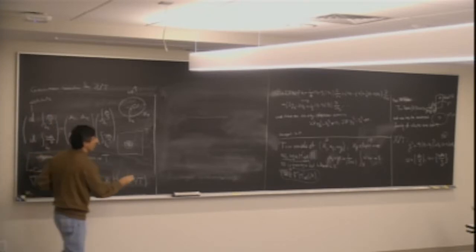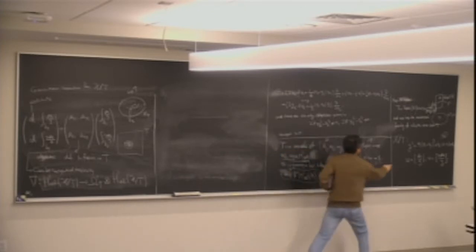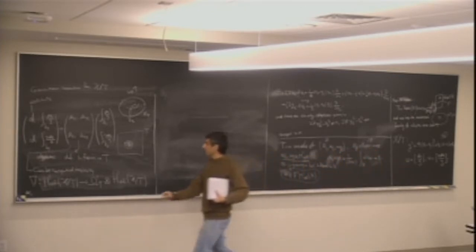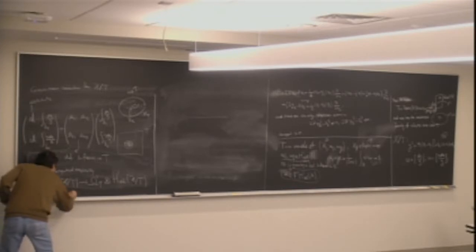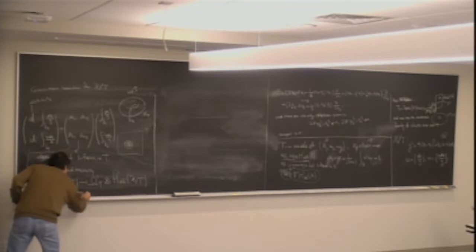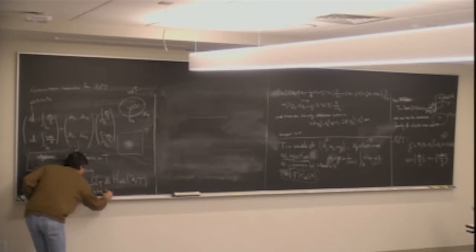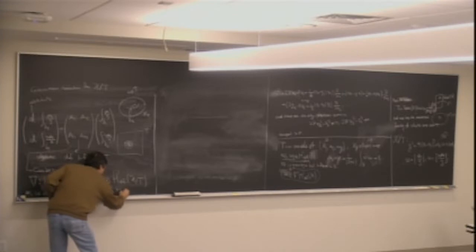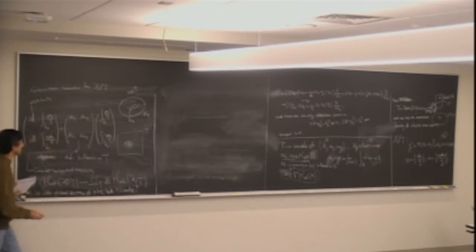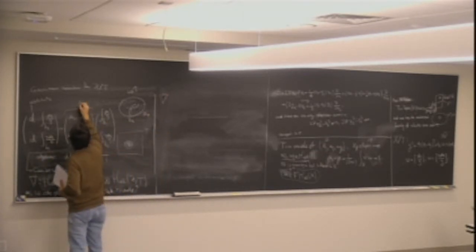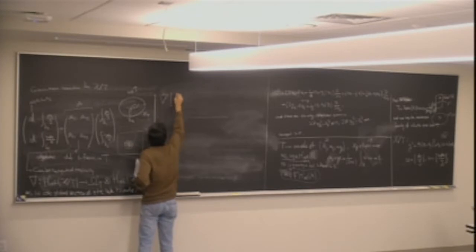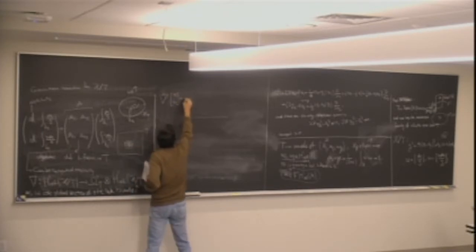Alpha omega are global sections of the cohomology bundle, which is this one. And then if this is the matrix A, then the derivative of alpha omega is just this A times alpha omega.